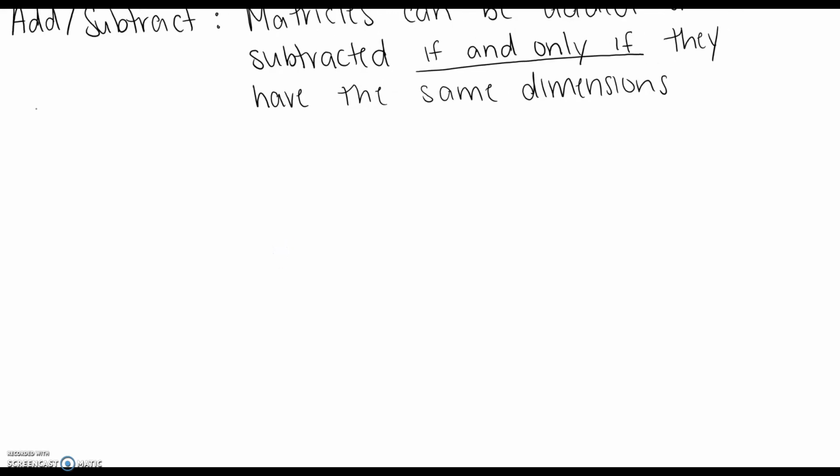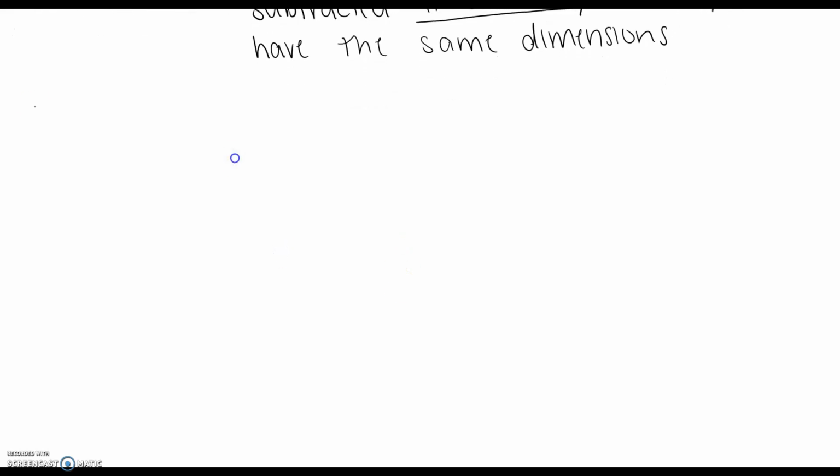So let's do an example. For this example, I'm going to give you 3 matrices. Matrix A is going to be 8, 3, negative 5, 14. Matrix B is going to be 12, negative 7, 6, negative 23.